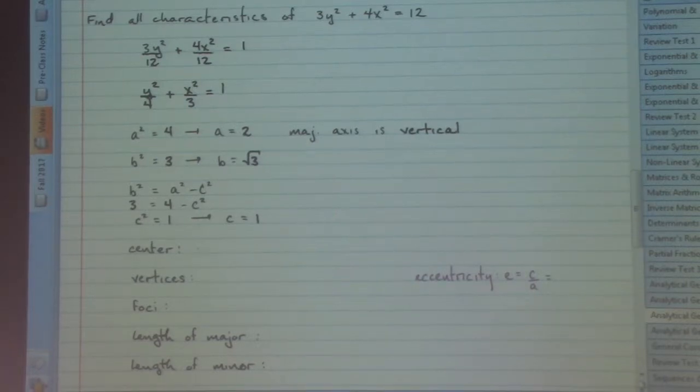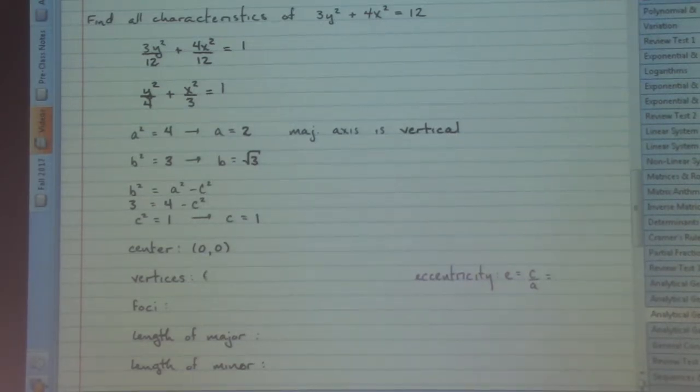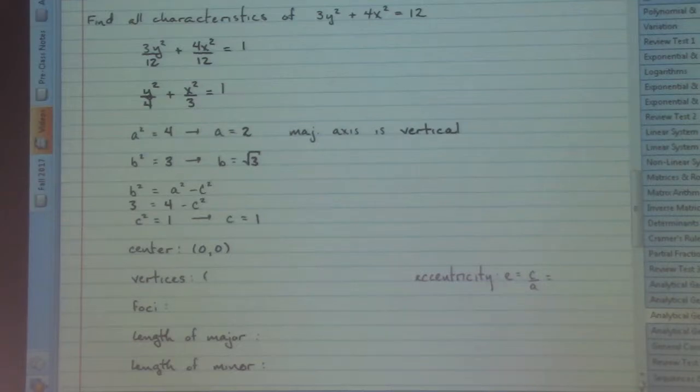And again, we're talking about the center not being shifted at all at the moment. The vertices come from the a value, and that means because these have to be aligned vertically, they're going to be 0, a and 0, negative a.